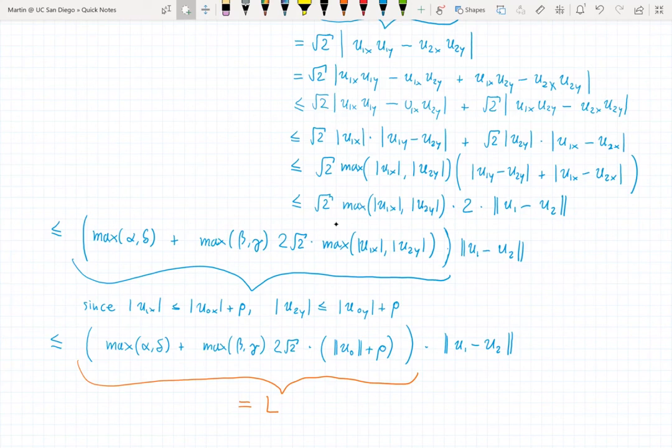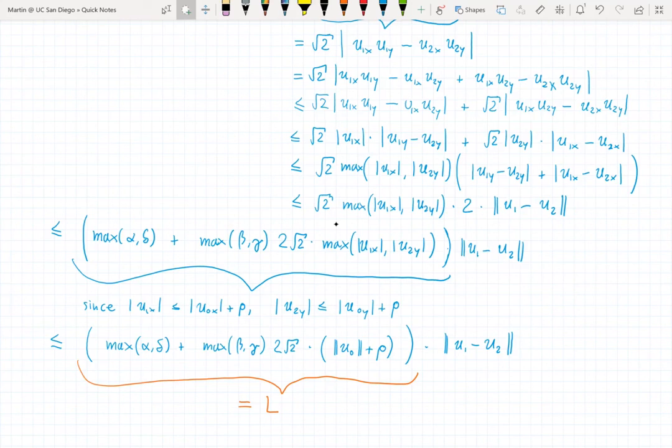So that term is bounded from above by the square root of 2 times the absolute value of u1x u1y minus u1x u2y plus the absolute value of u1x u2y minus u2x u2y. As you can see, in the first absolute value, I've got the difference of two terms with common factor u1x. And in the second absolute value, I've got the difference of two terms with common factor u2y.